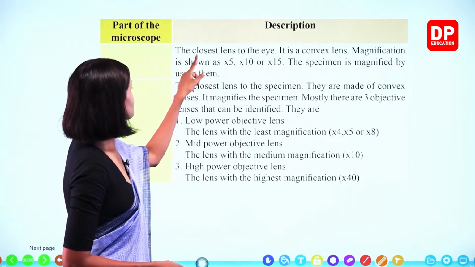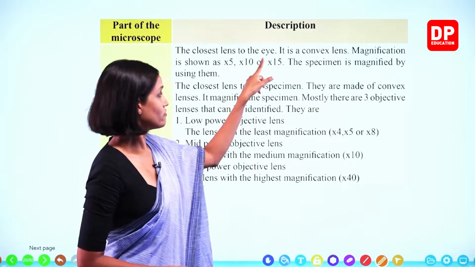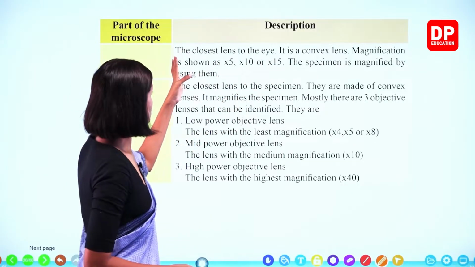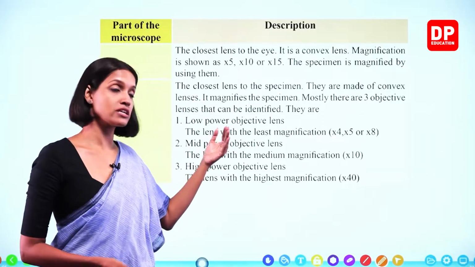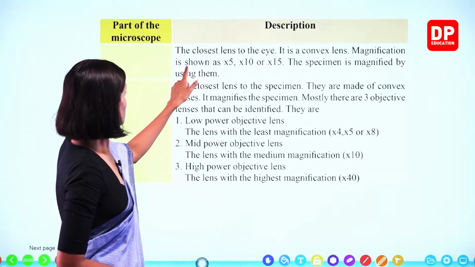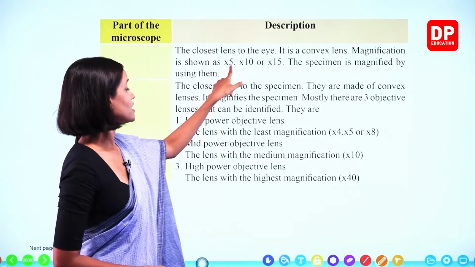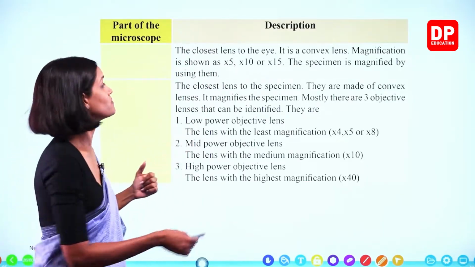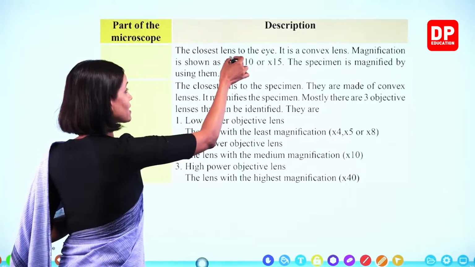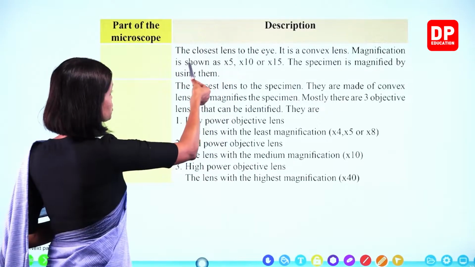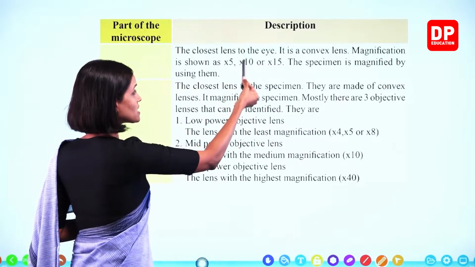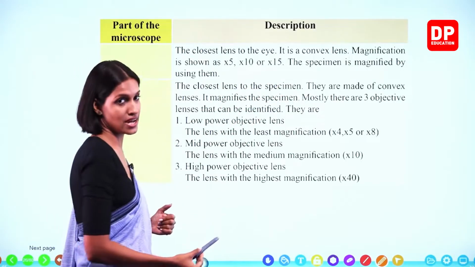So the closest lens to the eye, it is a convex lens. Magnification is shown as, it depends, right? From microscope to another microscope, it depends, right? Shown as 5 times, 10 times. How do you write the number of times? You have to write the multiplication mark and the number, right? So when you say this, it's shown as 5 times, 10 times or 15 times.